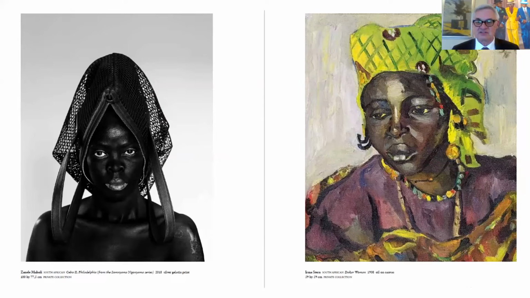A brief definition is that figuration is really a conceptual thread that runs right through historical, traditional, modernist, as well as contemporary African art, the evidence of which you can clearly see in these two portraits. On the right, a portrait by Irma Stern, painted of a Congolese woman, painted in 1938, and on the left, Zanele Muholi, a work recently done by her in 2018.